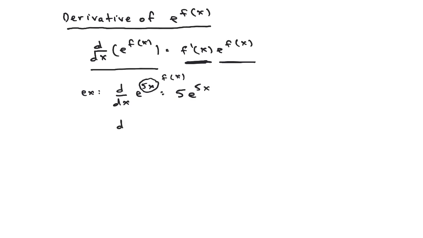Or if we have something like d/dx of e to the x squared minus 4x, then again I'm going to put the derivative of the exponent first, so that's 2x minus 4, times e to the x squared minus 4x, which is the original function.